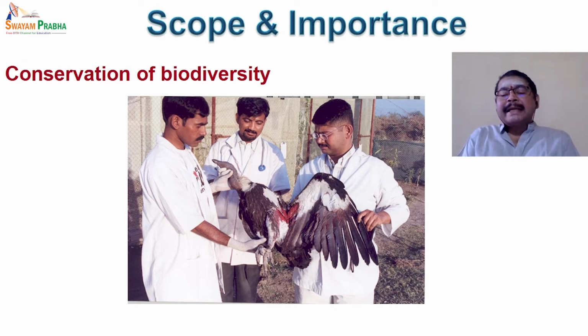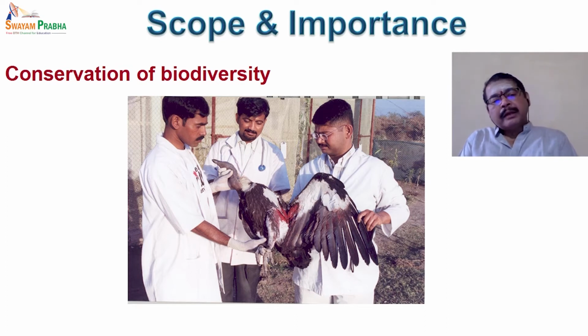This bird is an excellent scavenger. It clears any dead body found over the forest or in a burial ground. Today its population has crashed and plummeted over the last decade, and diclofenac poisoning is fixed as the cause. Today this bird has been red listed and endangered. Efforts have been taken by the government of India to revive its population.